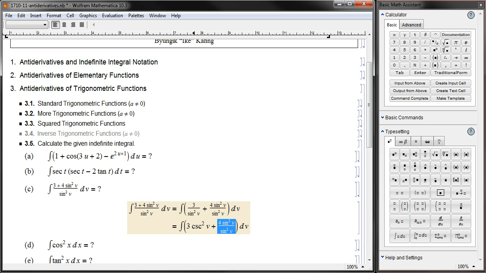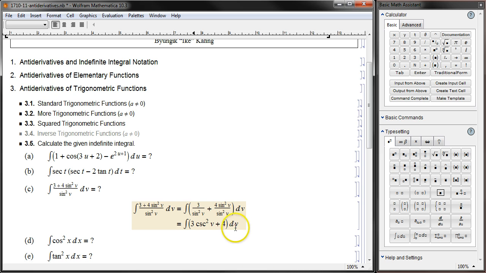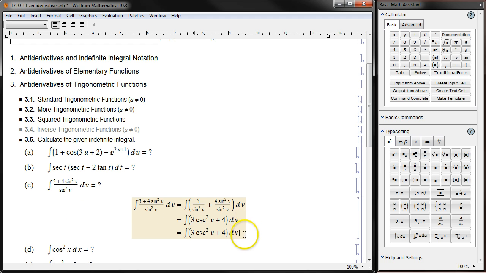Sine squared over sine squared, so that's just 1, so just plus 4. And does it help? Yes, it does. What's the antiderivative of cosecant squared? Oh, I forgot coefficient 3. Antiderivative of 4. And there goes the answer.